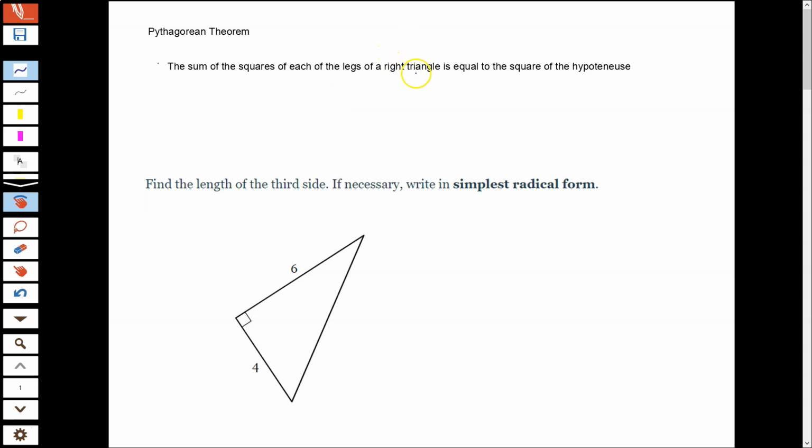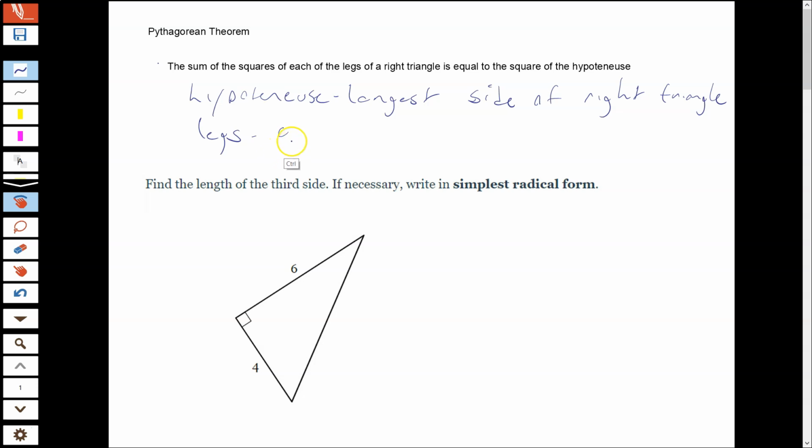Let's define some terms here. So the hypotenuse is the longest side of the right triangle, and the legs are the two shorter sides. Okay.